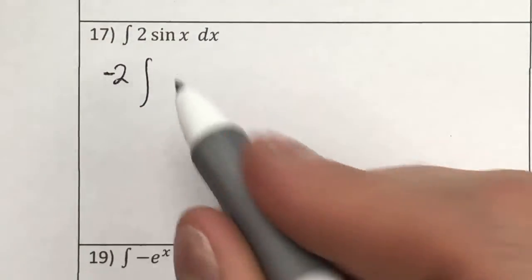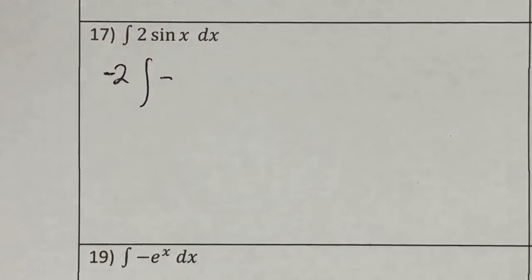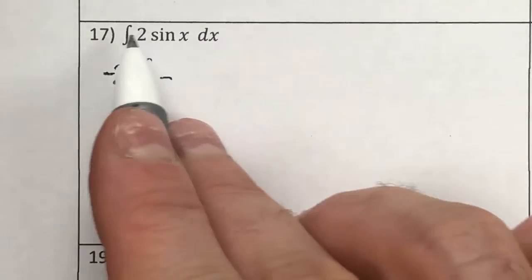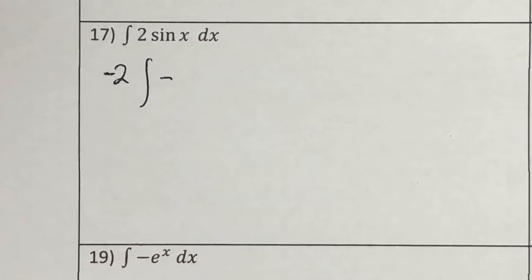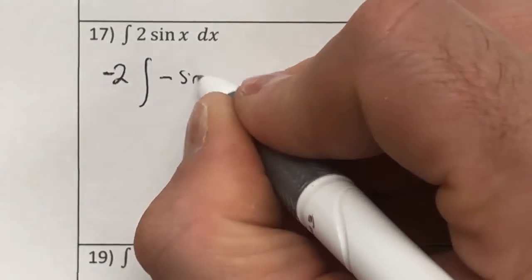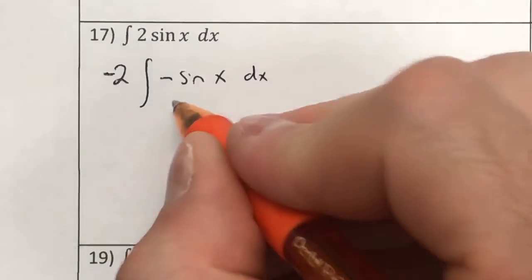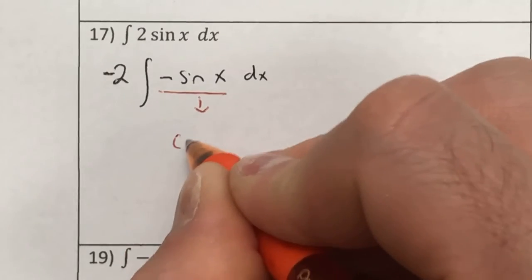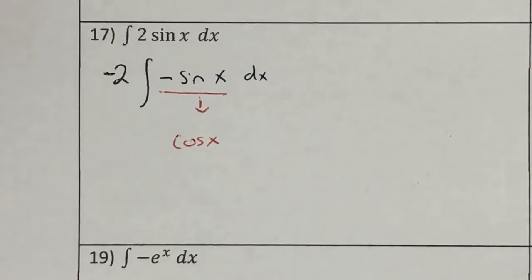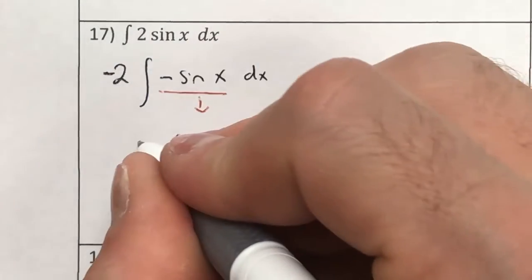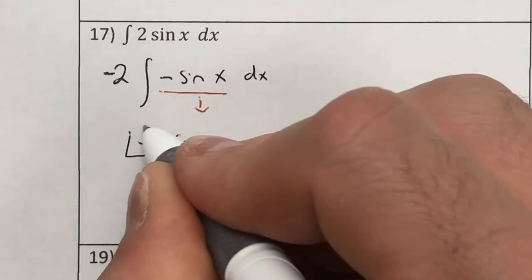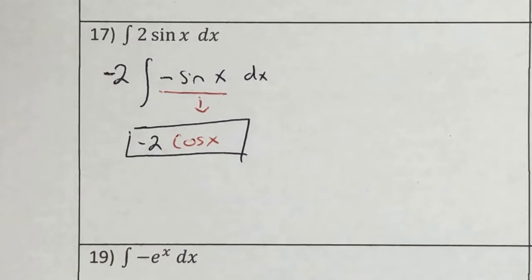And now if I pull out a negative, I have to leave behind a negative. That way the negative times the negative will result in the positive original expression that we had. But what I'm left with is a negative sine of x dx. And that negative sine of x is what we need to make the cosine of x. And we just leave the negative 2. Nothing changes about that. It doesn't go anywhere. Perfect.